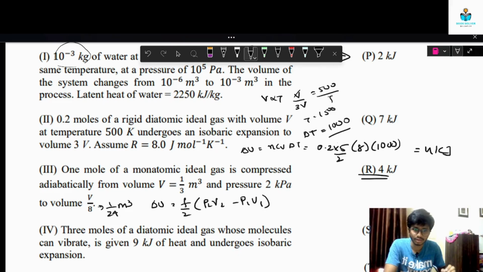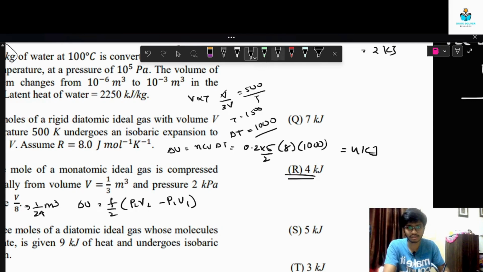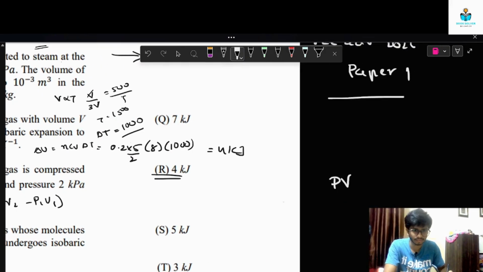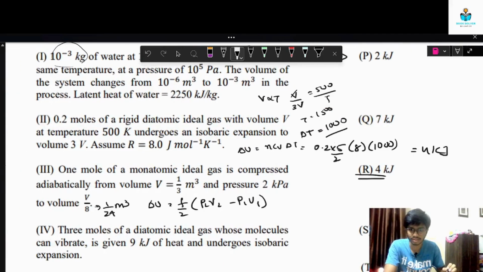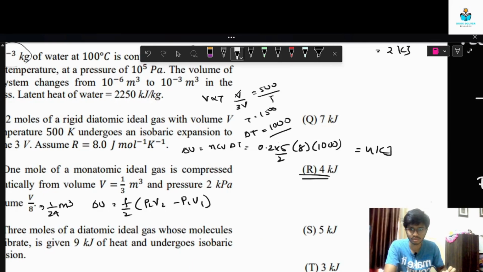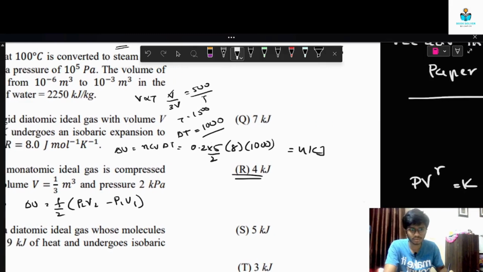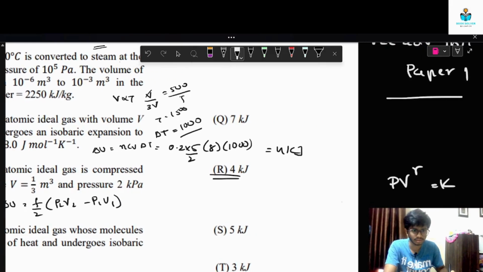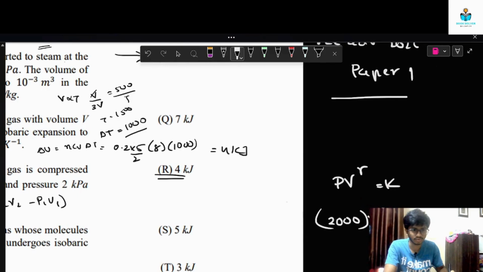Okay, so we'll do that over here. So what is the initial pressure? Initial pressure is 2 kilopascals, 2000, and volume was V, and it got converted to some pressure in final, with V by 8 to the power gamma.